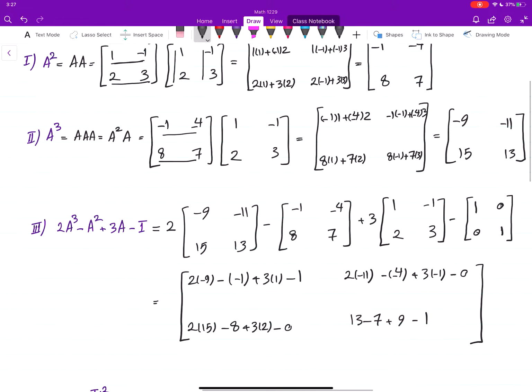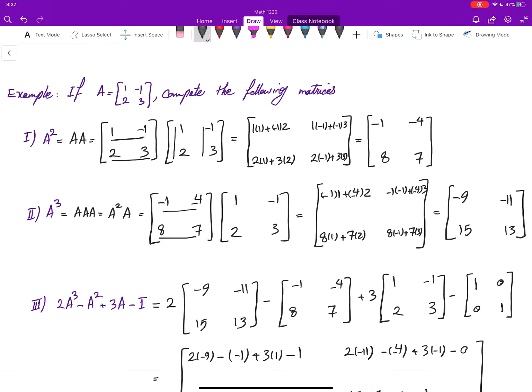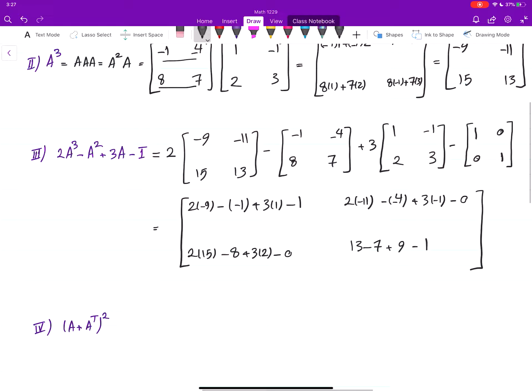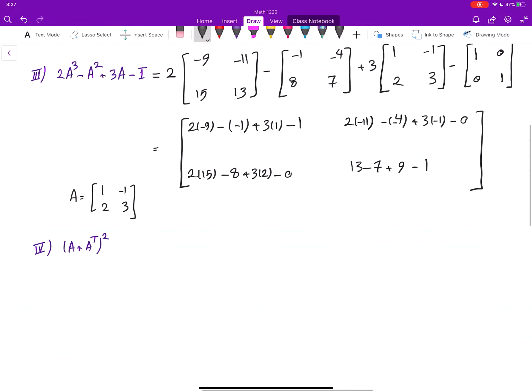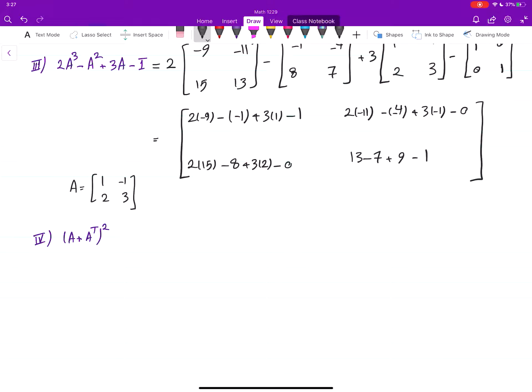Okay, the last piece here, A is 1, negative 1, 2, 3. So let me write it here. Yeah. Now, the question asks for A plus A transpose squared. Means what?